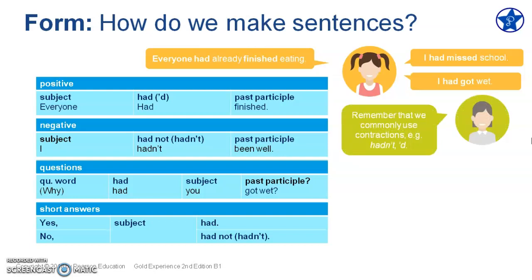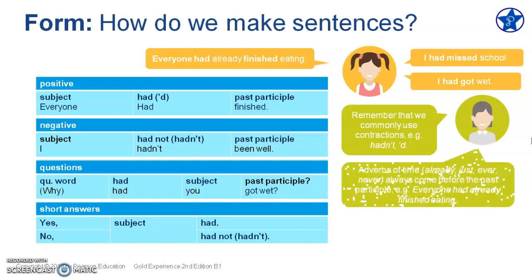Remember that we commonly use contractions, for example, hadn't or 'd. Adverbs of time, such as already, just, ever, never, always come before the past participle. For example, everyone had already finished eating.